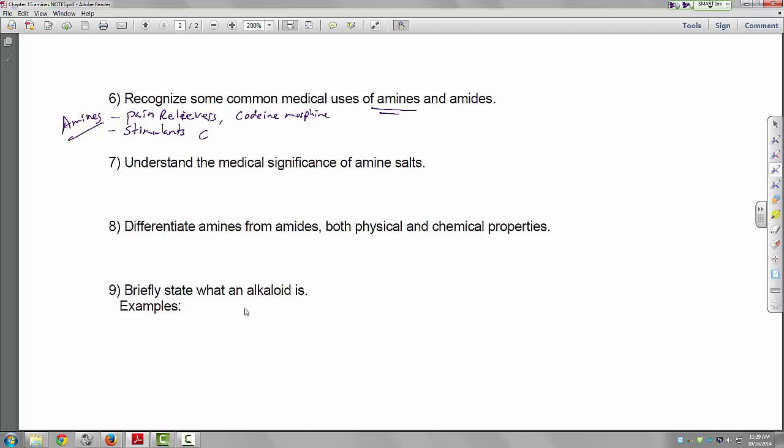So we had caffeine, amphetamine, nicotine. Those are all stimulants. Amides, if you remember, I won't get into the names of all these, but these also tend to be pain relievers, analgesics.